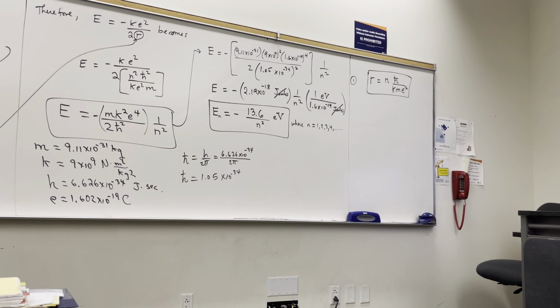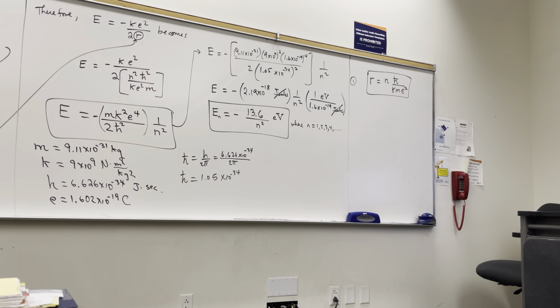Number two, this expression turns out to be wrong. It's close, but it's wrong. In quantum mechanics, this gets replaced by the square root of L plus 1. It's another quantum number.